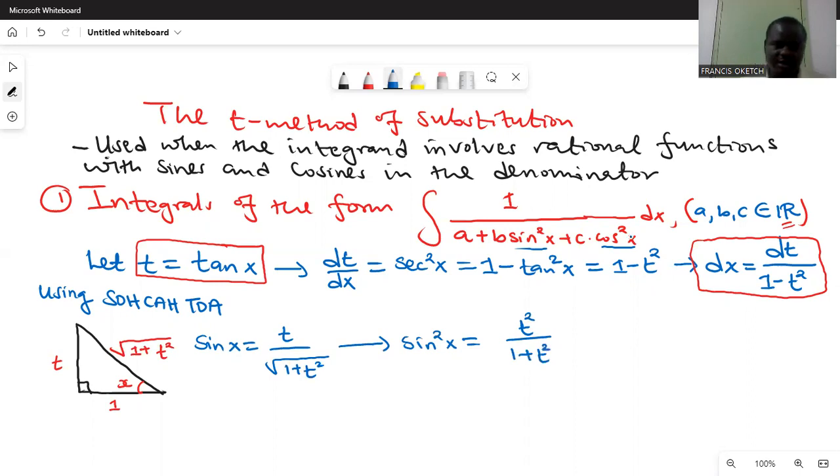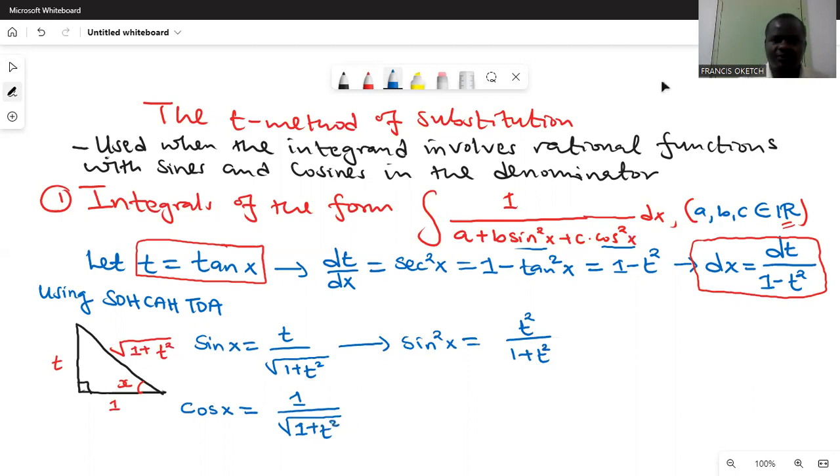So we have that. Again, from our triangle, it is easy to get cos x. Remember, cosine is adjacent over hypotenuse. Our adjacent is 1. Our hypotenuse is the square root of 1 plus t squared.